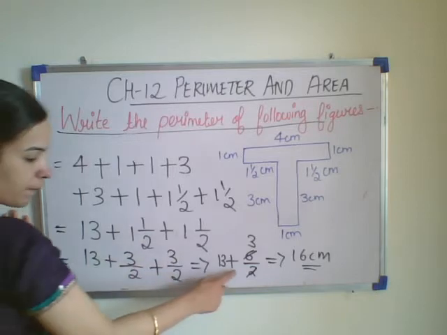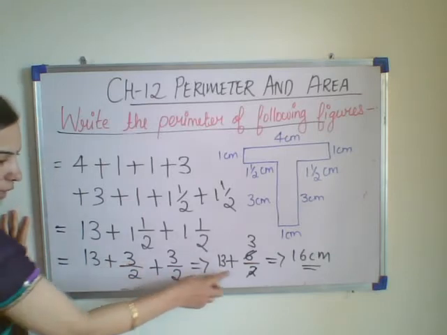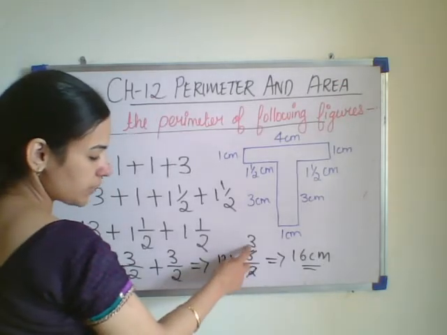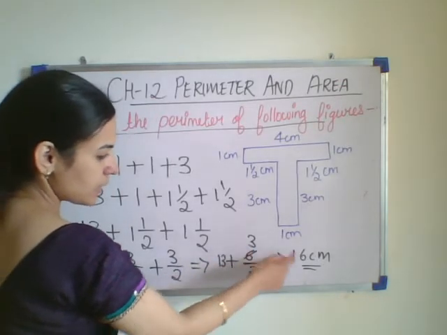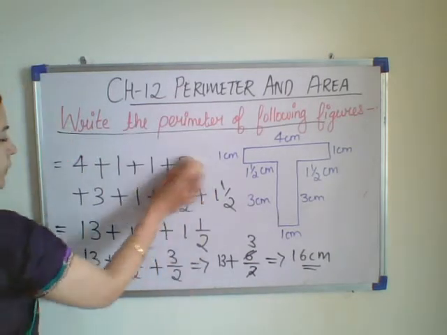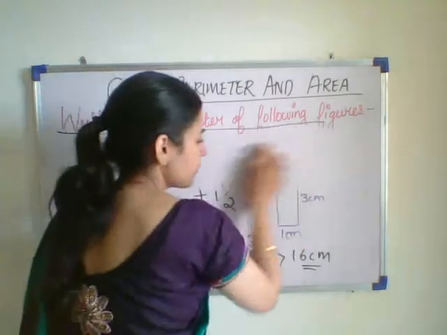So 13 plus this 2 we have added, we have written 2 as common and 3 plus 3 is 6. 2 1s are 2, 2 3s are 6 and 13 plus 3 is 16 centimeter. In this way we have to find the perimeter of the given figure.